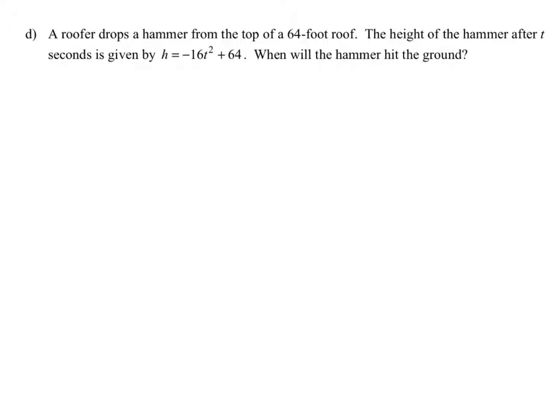In this example, a roofer drops a hammer from the top of a 60-foot roof. The height of the hammer after t seconds is given by h equals negative 16t squared plus 64. When will the hammer hit the ground? Since h represents the height in this example, we want to know when the hammer hits the ground.